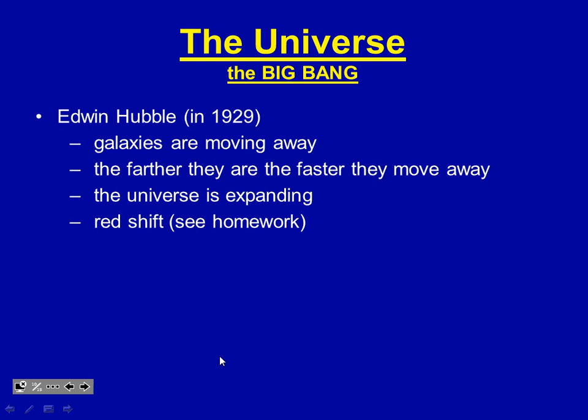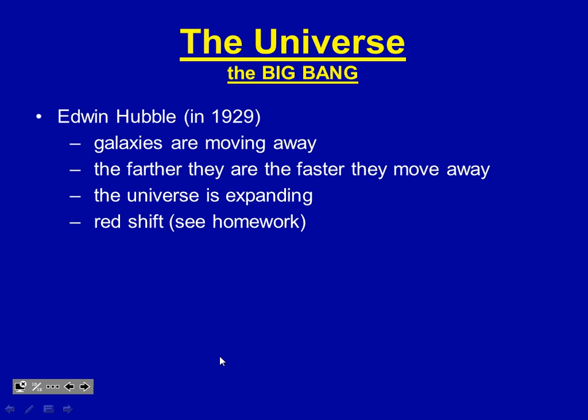So instead of the light wave looking like this, the light wave has now been stretched out before it gets to our eyes. The wave gets longer, okay? When light waves get longer, they become redder in color. So, when we look at galaxies far away, we see that their light has become stretched or has become redder than it should be.